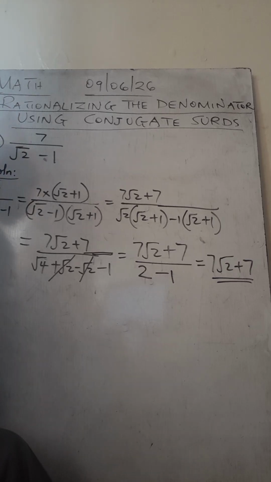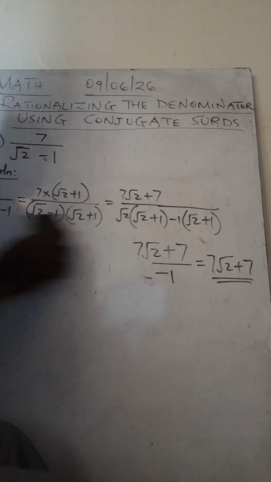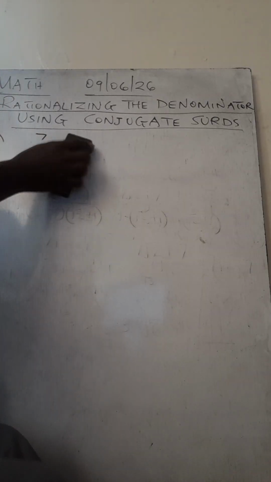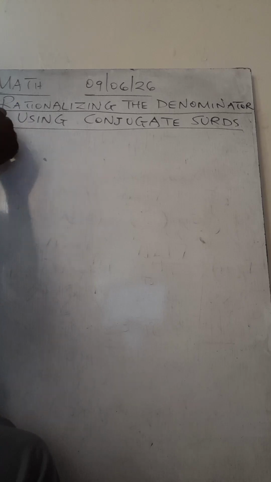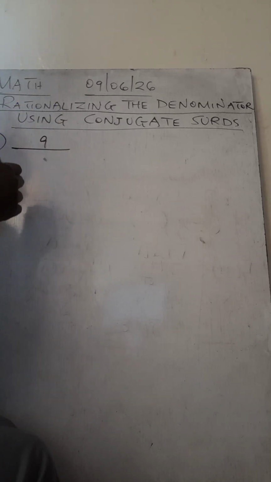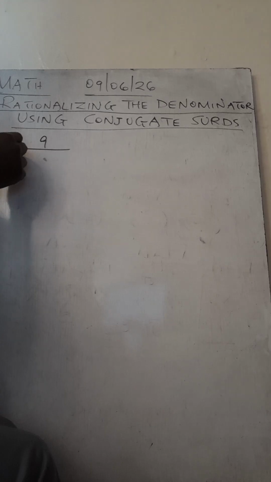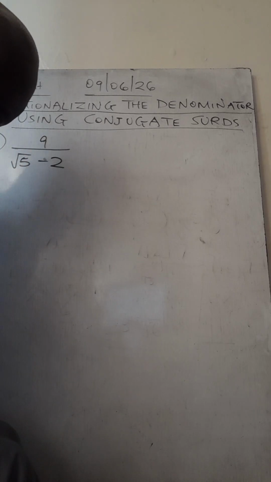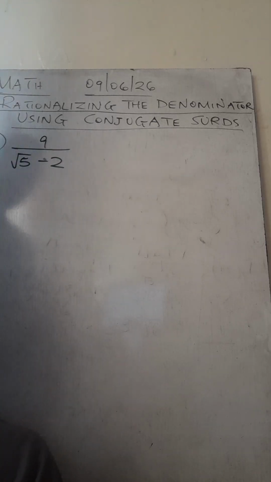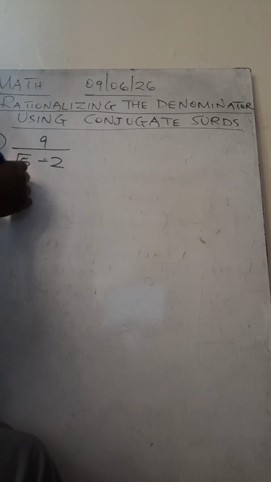Let me give you one more as we finish. We have 9 over root 5 minus 2. Solution.